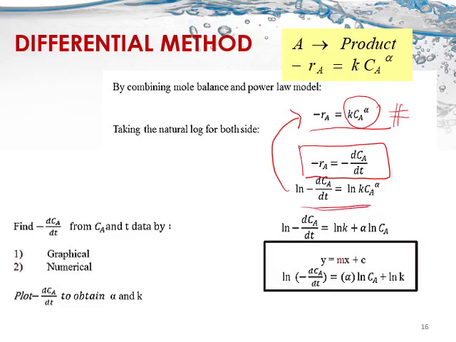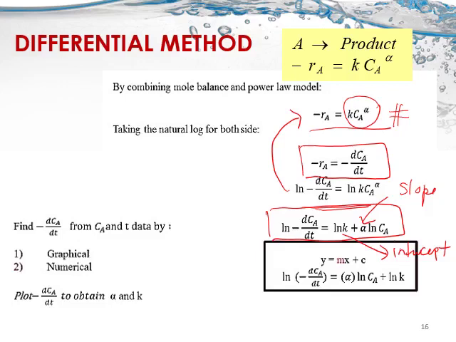Having this, you may have it in this form, for which alpha will be the slope and ln k will be the intercept. So you may solve for the rate constant and also the order of the reaction.